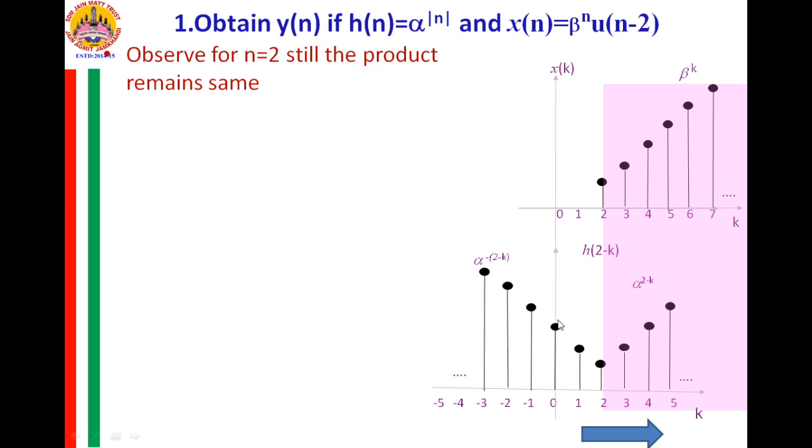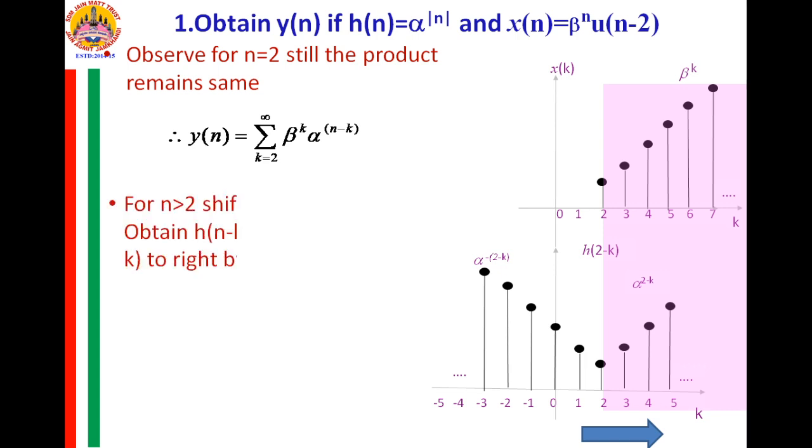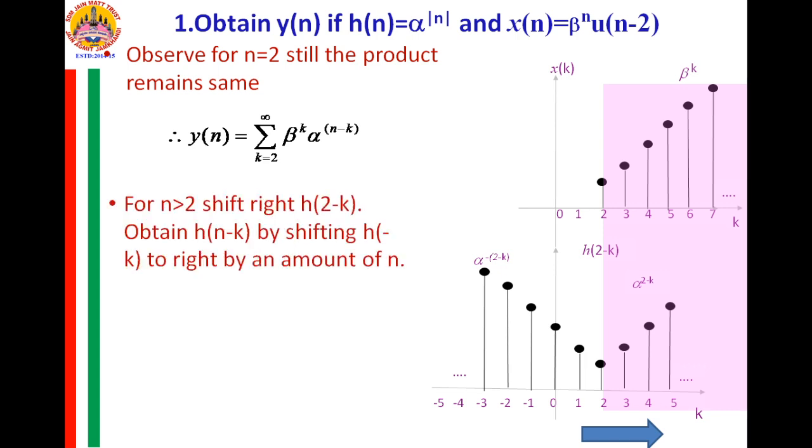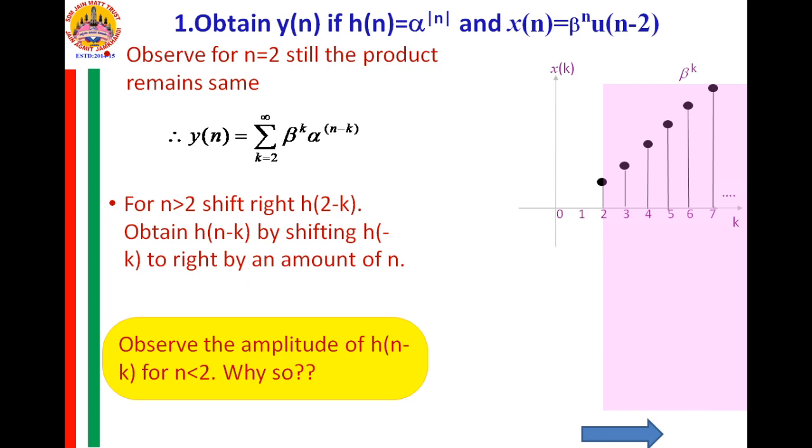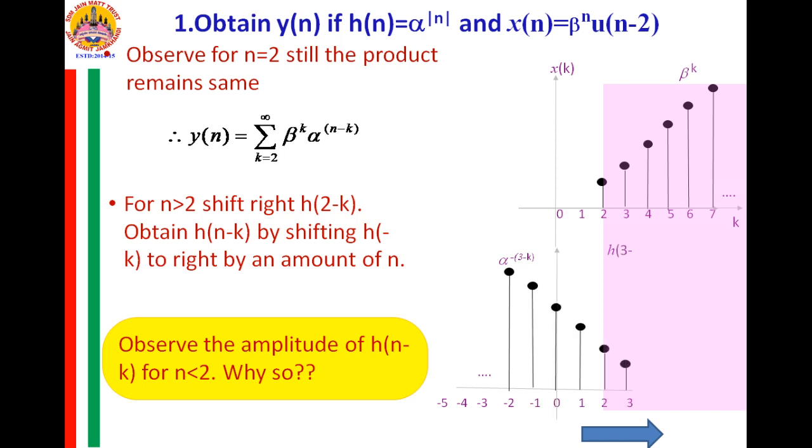Now onwards, even if I shift by one moment, what will happen? You see here, that is for n greater than 2. If I shift by one moment towards the right side, what will happen? This is by shift. So what is your observation here?